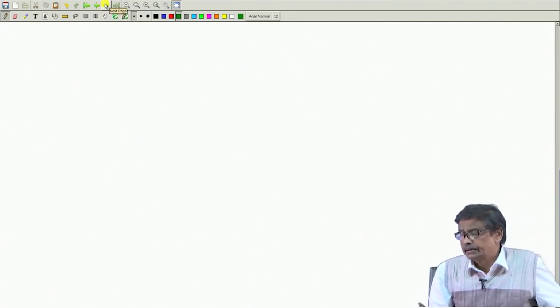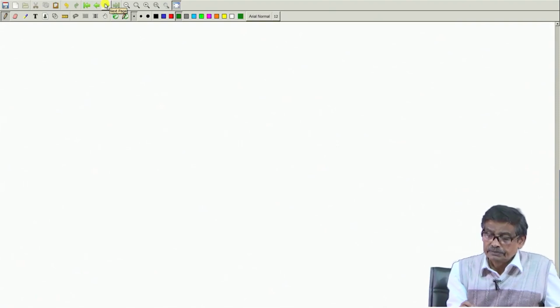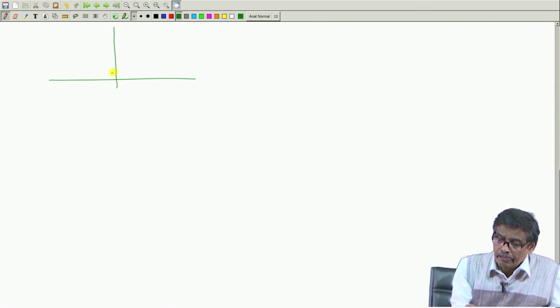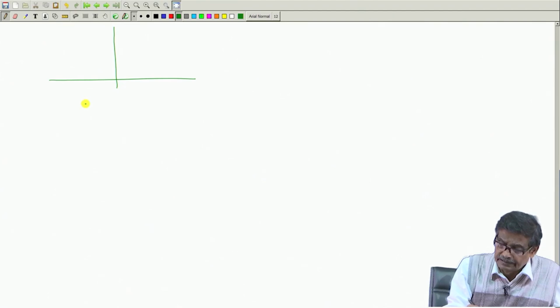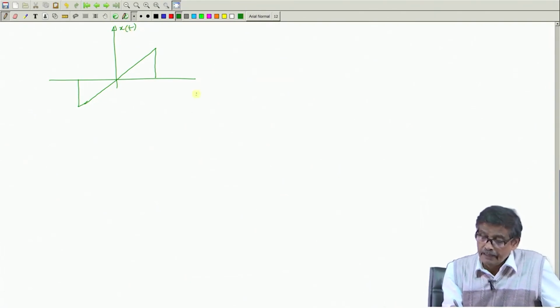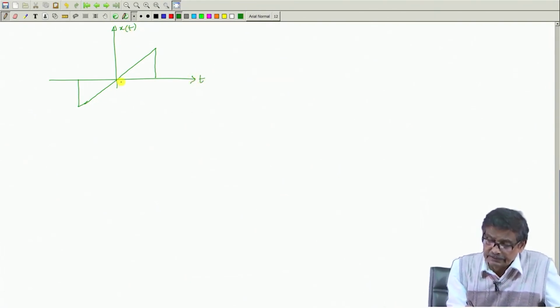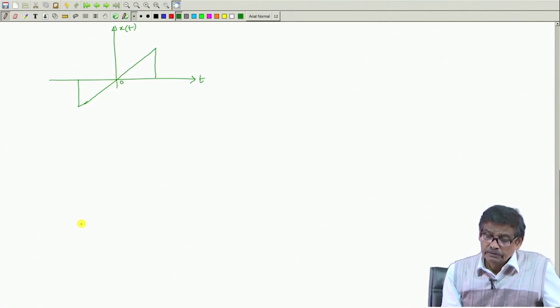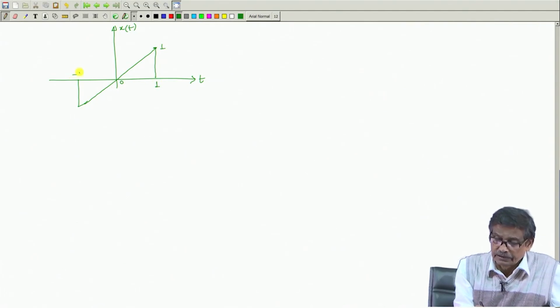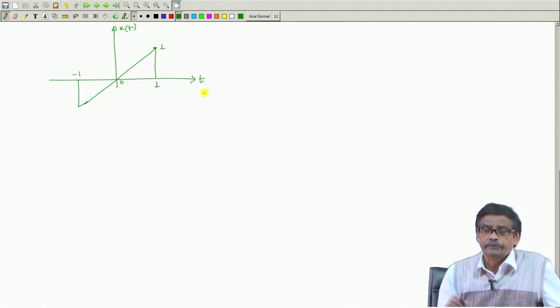You must be knowing that any function drawn, for example, I draw one function like this, a voltage pulse like this, x(t) is like this, and this is the time axis, this is 0. And this is suppose 1, this is 1 and this is minus 1, and elsewhere the function is 0.